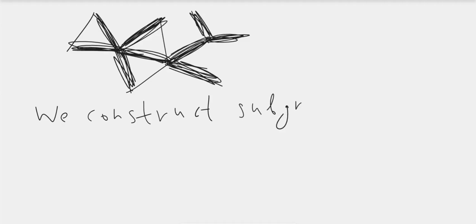So we construct a subgraph T of G, a subgraph of G, in iterations.